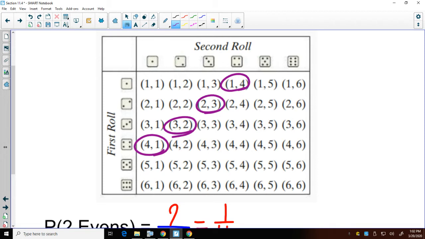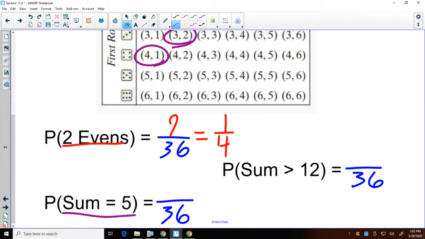And that should be it because everything else is either less than 5 or over 5. So how many ways is that going to happen? 4. And 4 divided by 36 as a fraction yields 1/9. There's the probability of rolling 2 die and having a sum of 5.